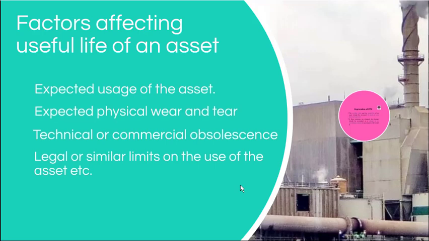Sometimes even if you are willing to use your asset for a longer period, government or environmental rules and regulations may not allow you to use it. So these are some of the factors that affect the useful life of the asset, because useful life is the life we consider when it comes to depreciation computation.